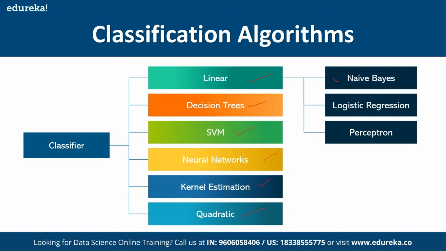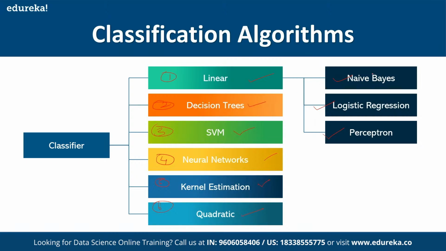In linear, again, you have Naive Bayes, logistic, and perceptrons. How many of you are understanding? These are different algorithms which I can choose in order to train the model to predict what input data belongs to which categories.